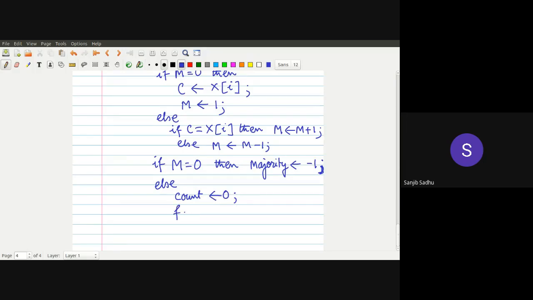Is it really the majority or not? And for I equal to 1 to n, if x I is equal to C, then count equals count plus 1.